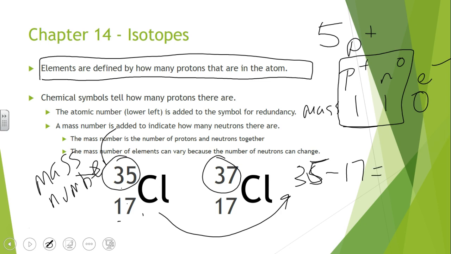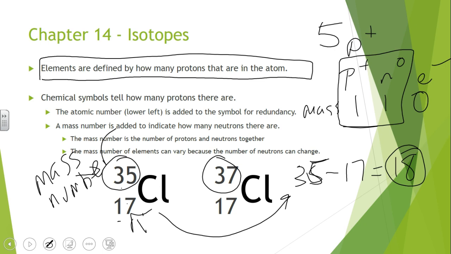Well, 35 total minus 17 that are protons give us 18 neutrons. So this particular isotope has 17 protons, which we know because that's this number, and this number up here doesn't give us the number of neutrons, it's not 35, but it's related to how many neutrons there are.